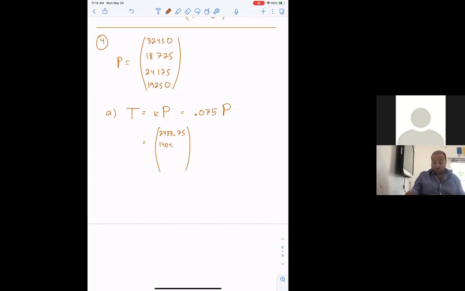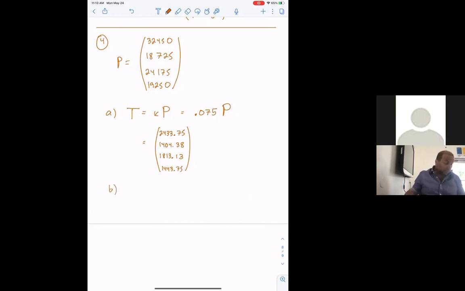Well, in dollars, we don't do anything past cents, so we're going to round up to 1404.38, even though really it's 1404.375. 24,175 times 0.075 is also a rounding up, 1813.13, and 19,250 times 0.075 is 1443.75. Those are all in units of dollars.